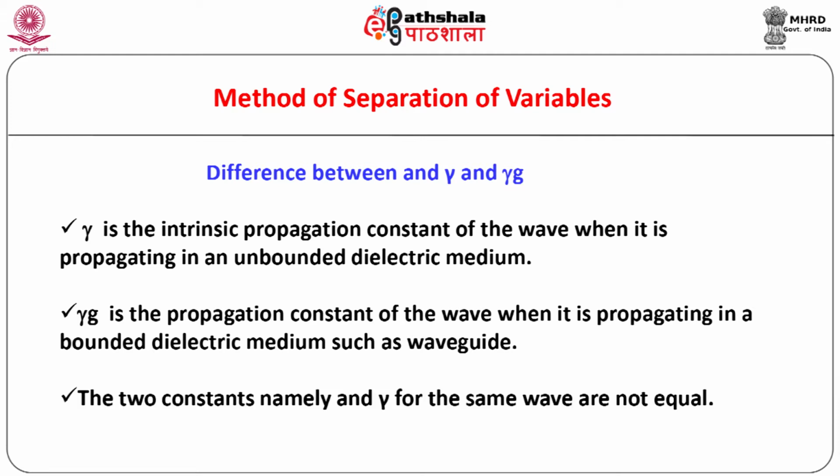The two constants, namely gamma g and gamma for the same wave, are not equal; they are different from each other. This is bound to be so because of the power losses due to the conducting walls and the dielectric present in the waveguide. Thus, we have gamma is equal to alpha plus j beta and gamma g is equal to alpha g plus j beta g.